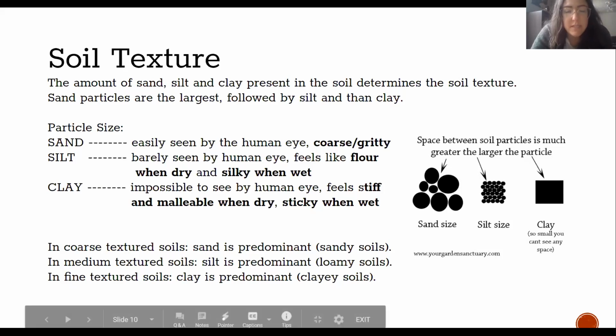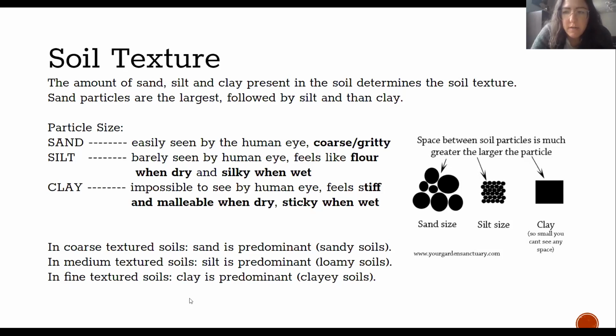Yeah, the sand, I feel like most of us are familiar with the feel of that, that more coarse texture in your hand. Silt is a little more smooth and silky as a texture, particularly when it's wet. If you were to look at a silt particle, you could see it, but it would be very difficult.